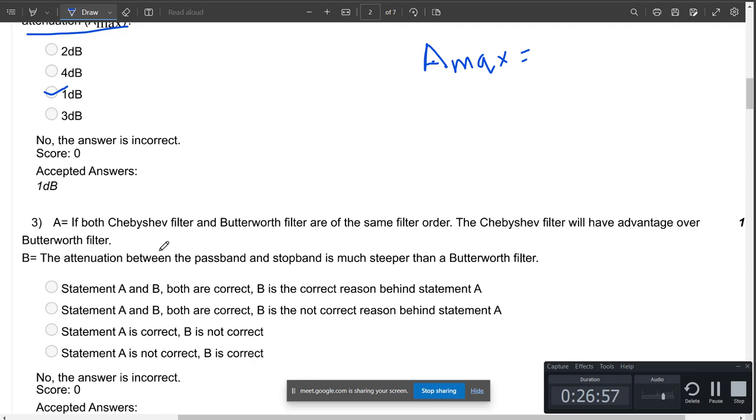Okay, so these are the two statements. Now you have to tell if both the statements are correct or not, and if both are correct, if B is the correct reason for statement A or not. So go ahead, try to solve this question, and then we'll try to understand this statement and give the correct option for this one, and then we'll discuss it.